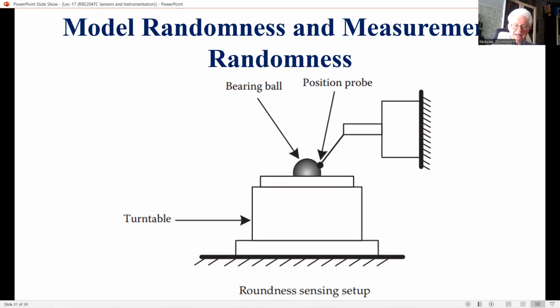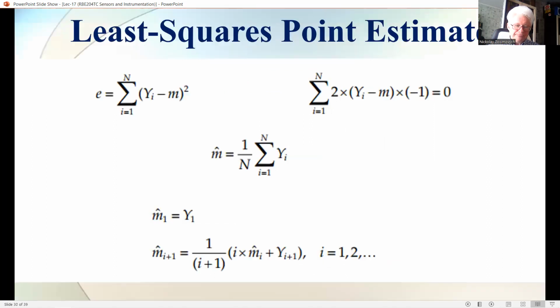But more, the measurement error can come from both the sensor and the measurement process. And clearly, the error will affect the accuracy of the estimate given by this equation.